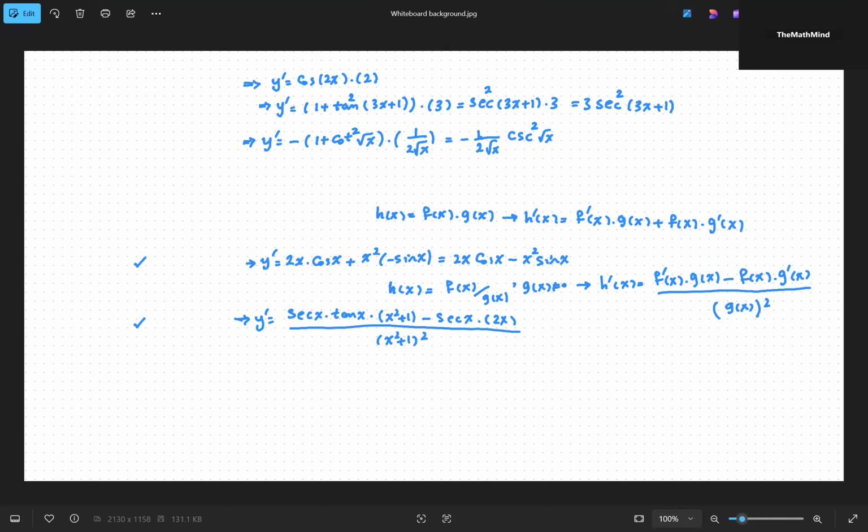You don't need to simplify this more, so just leave the answer at this step, unless they ask you for the next step or you have a value of x. You can simplify this more with the new values.